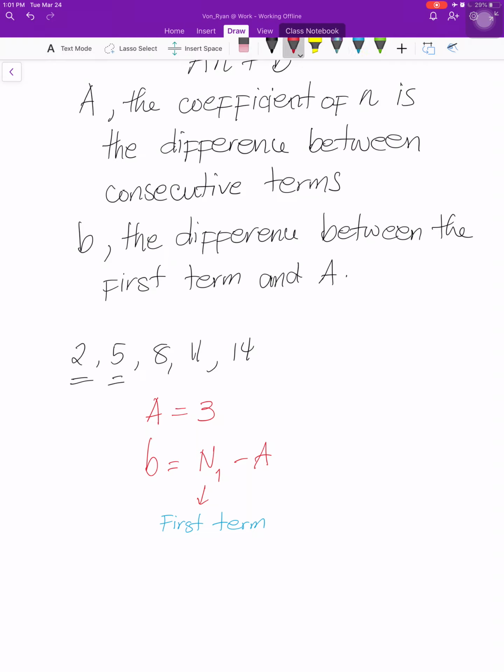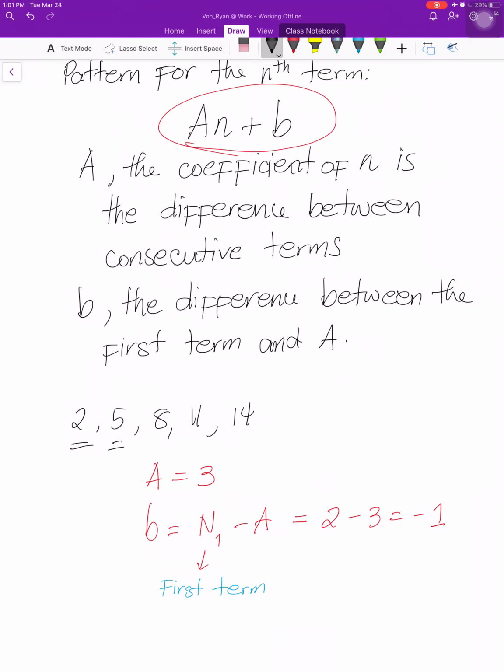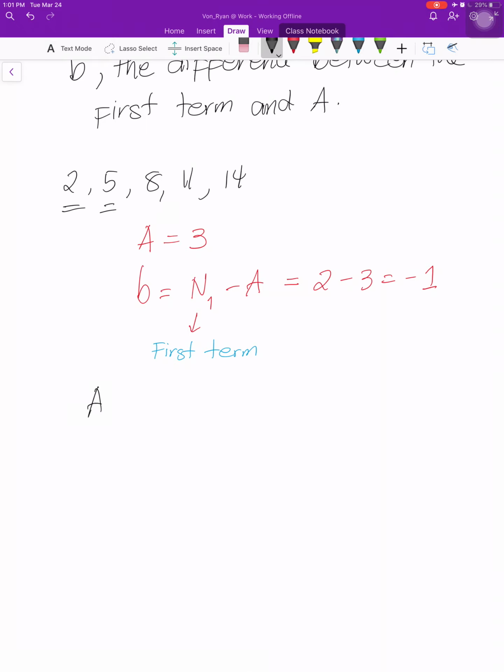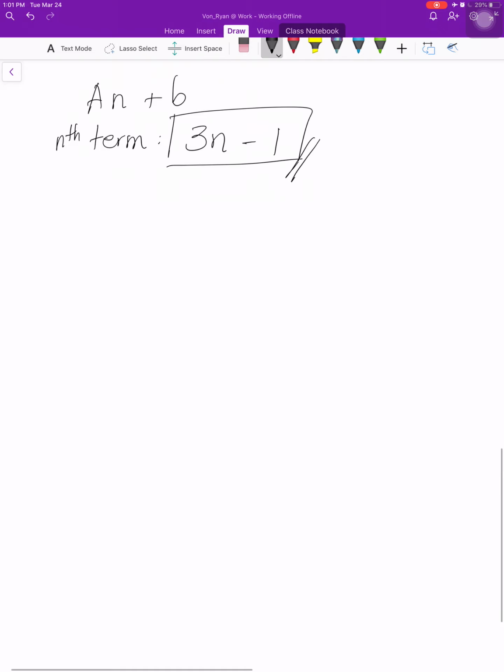That is equal to 2 minus 3, which is negative 1. And so, following the pattern an plus b, the nth term of our linear sequence is 3n minus 1. That's how we came up with that formula for the nth term.